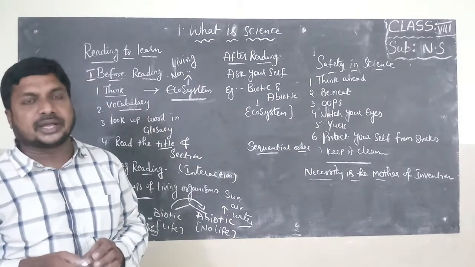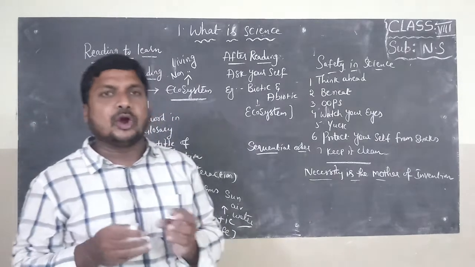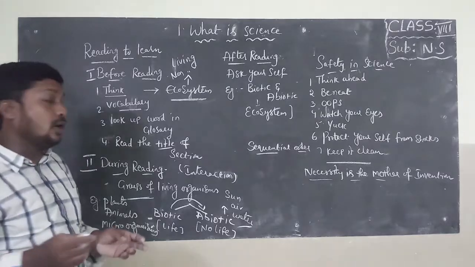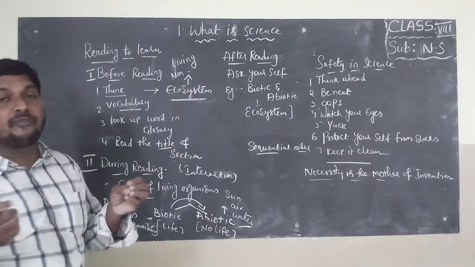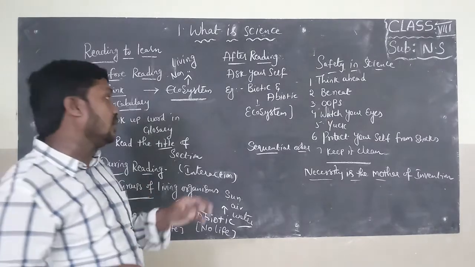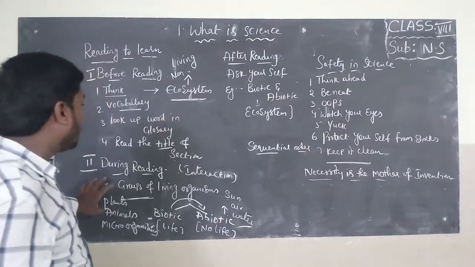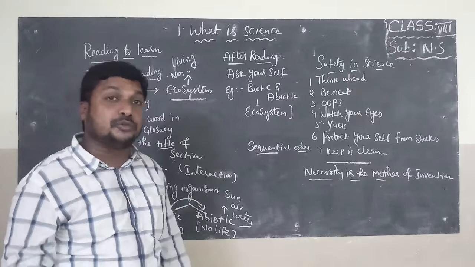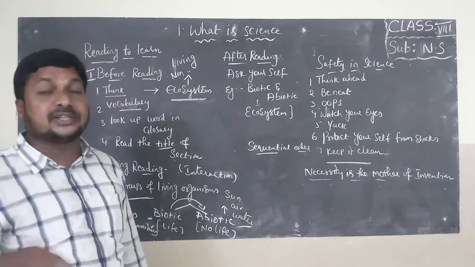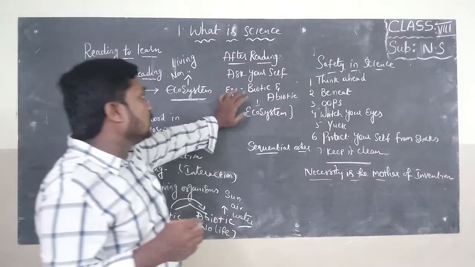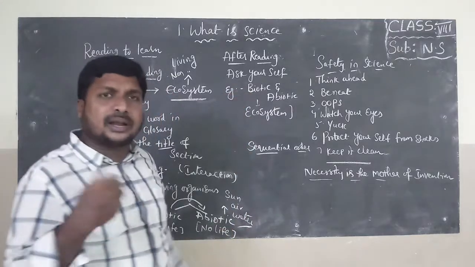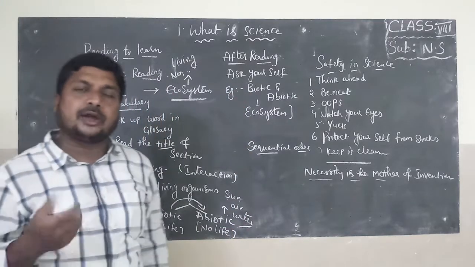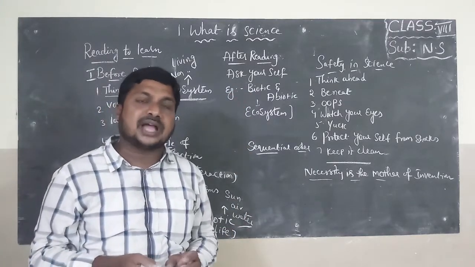In ecosystem, we can find biotic and abiotic factors, living and non-living things. An interaction between biotic and abiotic factors we can find in ecosystem. You have to observe carefully during reading. After completion of reading, ask yourself some questions from your mind about biotic factors. What are biotic factors? Like that you have to ask. Biotic factors means the factors which have life.